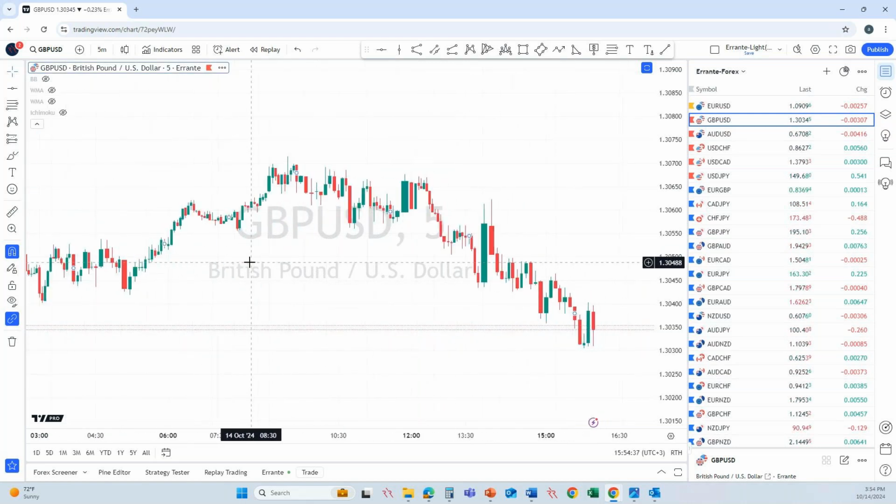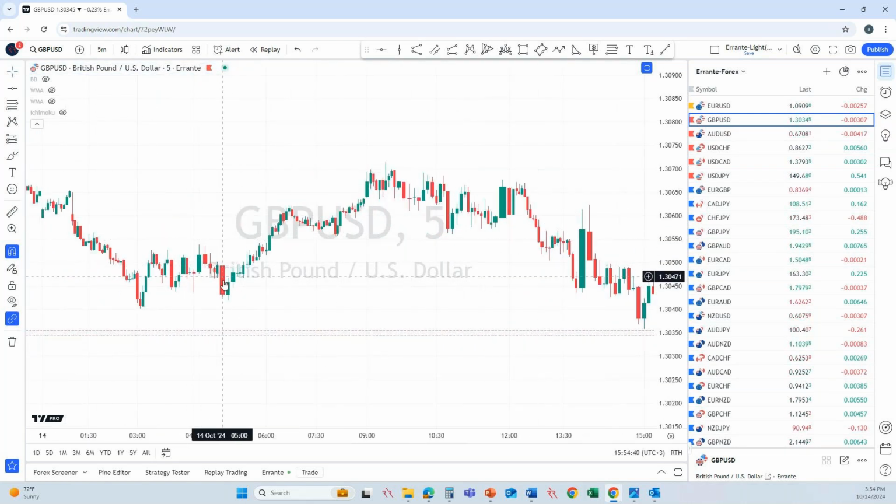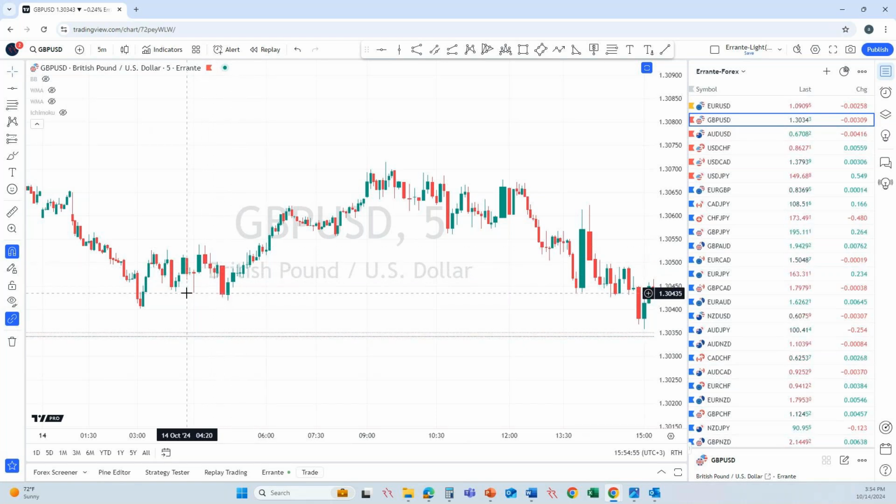However, you can see, for example, after this large red body candle, we have these very thin bullish candles following, which are at least interrupting the bearish momentum in the market at this significant support level here.